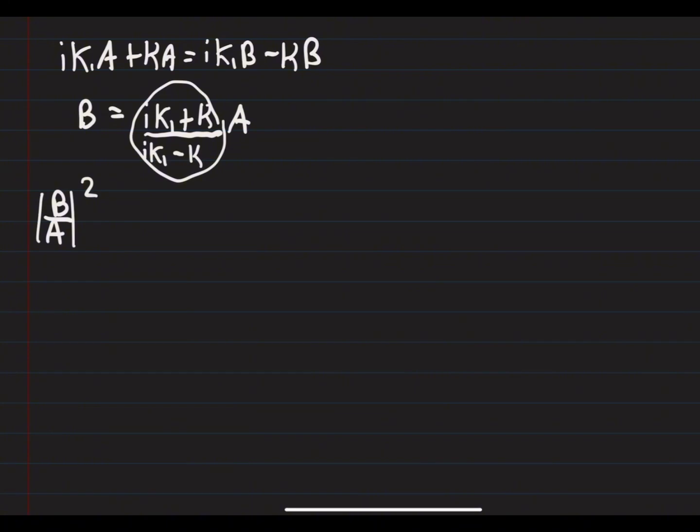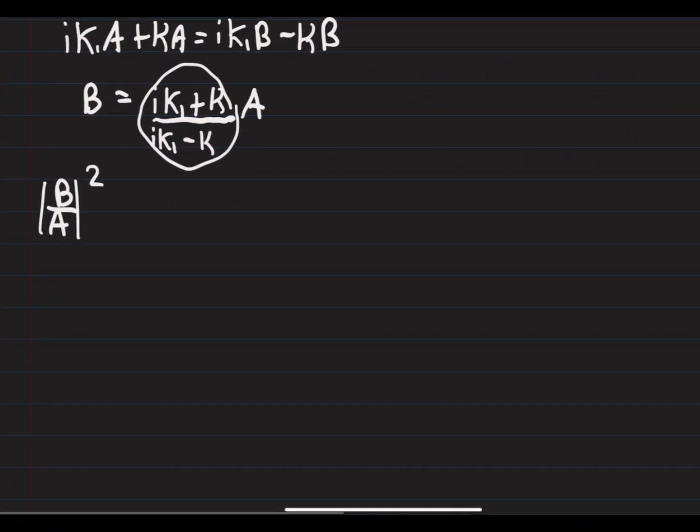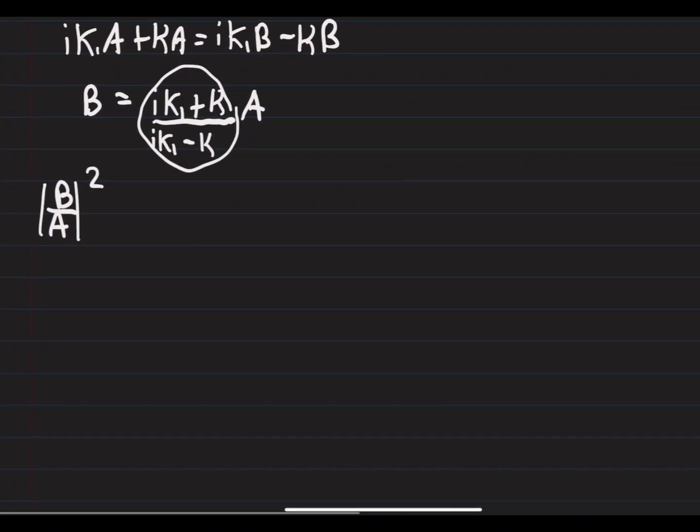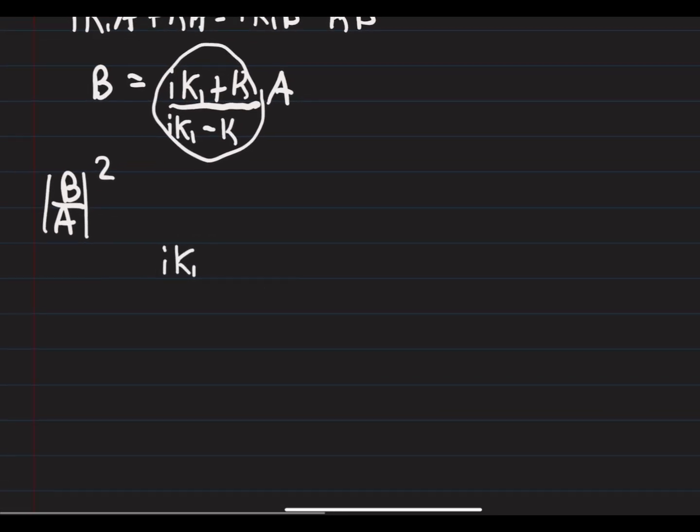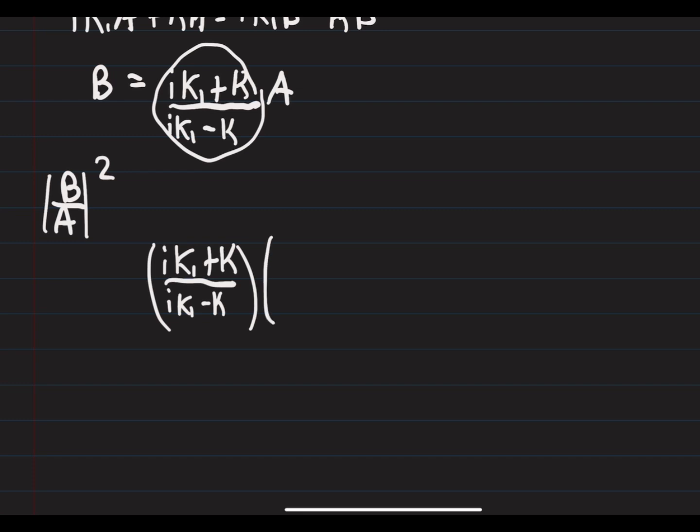So let's see, this would be equal to ik1 plus kappa over ik1 minus kappa times the complex conjugate, so minus ik1 plus kappa over minus ik1 minus kappa.